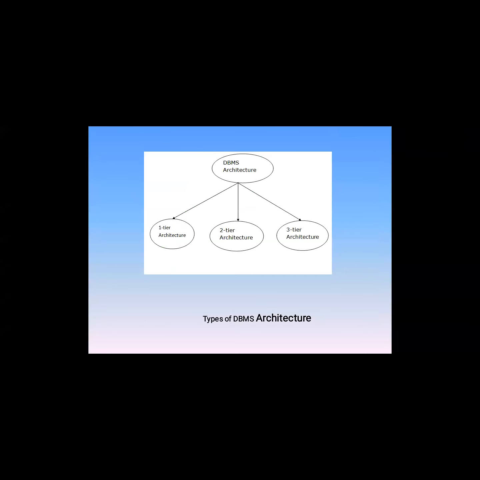Okay. In the case of DBMS architecture, we can view three types of architectures: the one-tier architecture, the two-tier architecture, and the three-tier architecture. Here tier means a query to the system, which is mainly maintaining only one level, so that will be referred to as one tier.